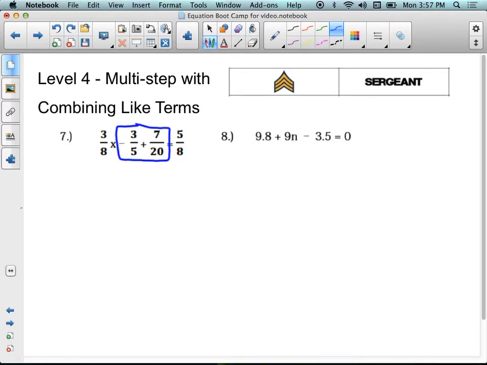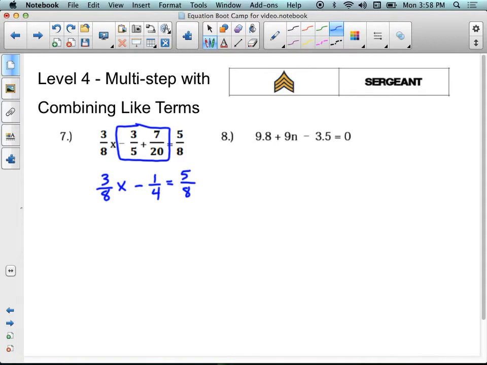Okay, so I'm going to do negative 3/5 plus 7/20. Feel free to pause the video if you want to try this on your graphing calculator. So I'll get 3/8 x minus 1/4 equals 5/8. Okay? So negative 3/5 plus 7/20 is negative 1/4.